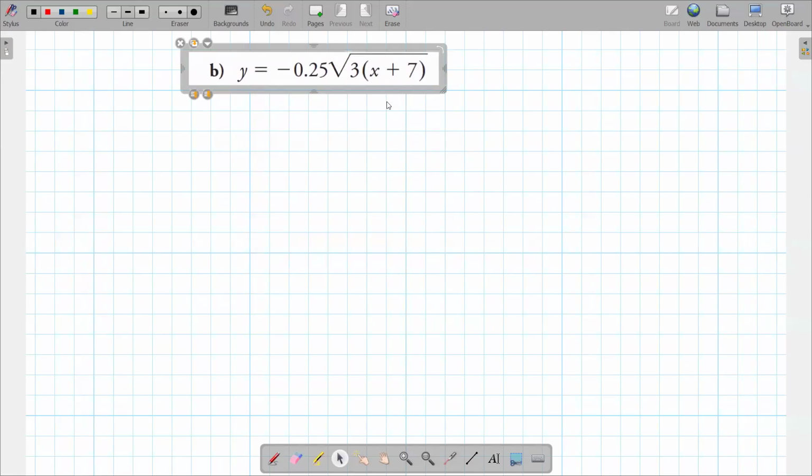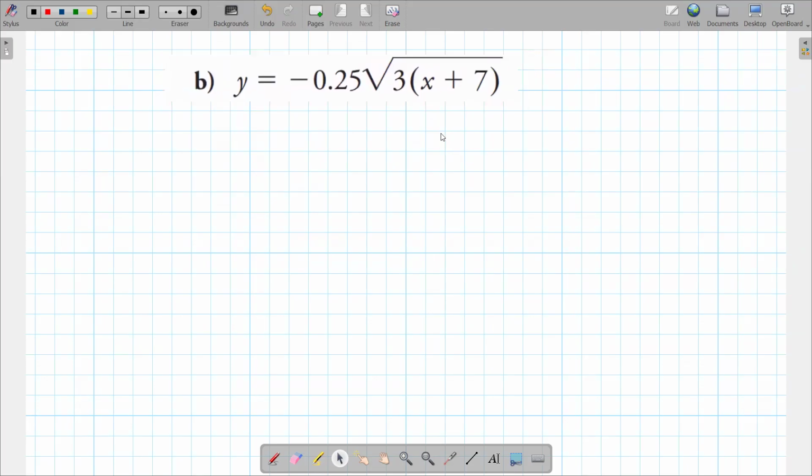Okay, what's the function here? How'd you classify this function? No, that's a root function, right?